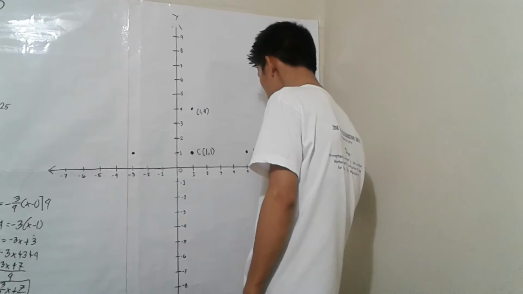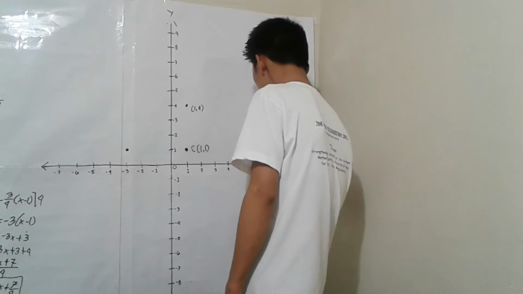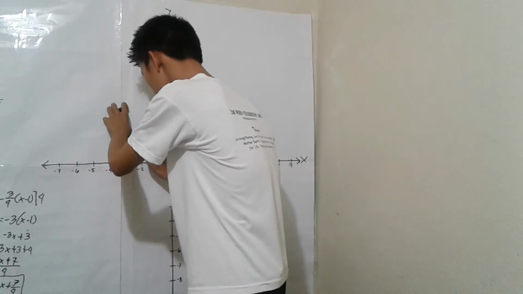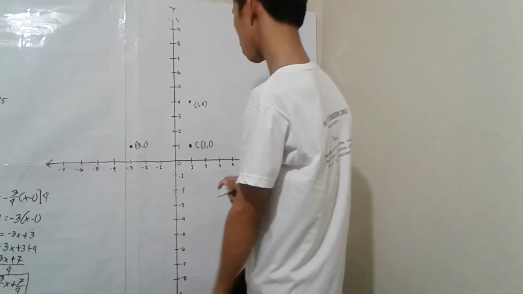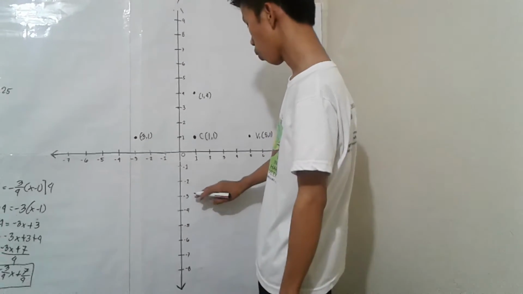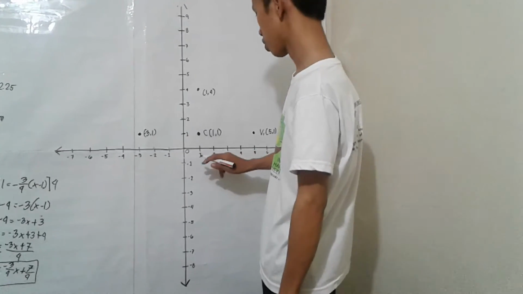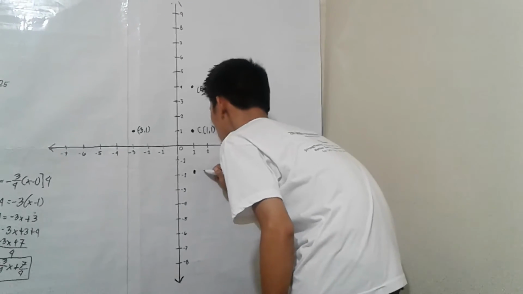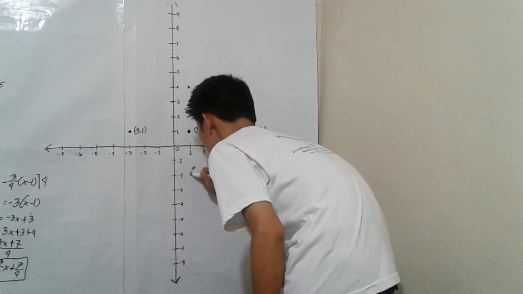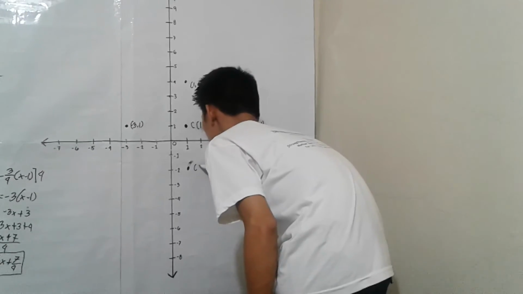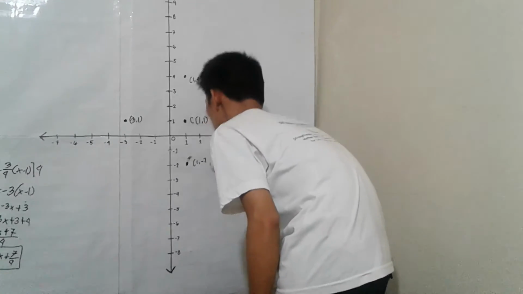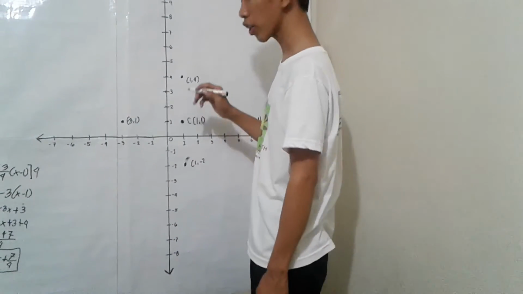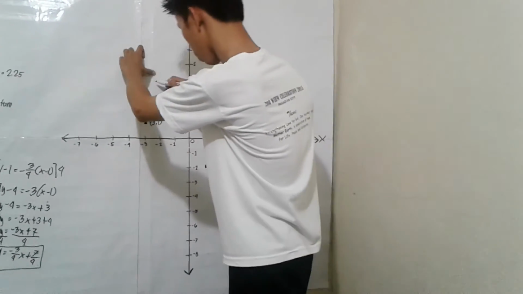The vertex is 1 and 4, and another point is 1 and negative 2. So here, 1 and negative 2. So from these points we can draw our rectangle. So our rectangle.